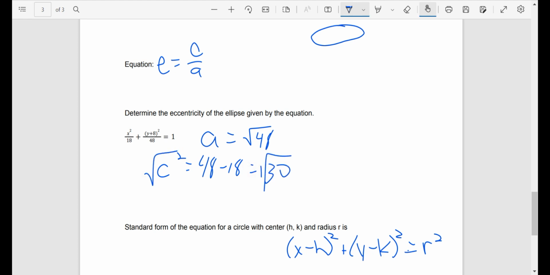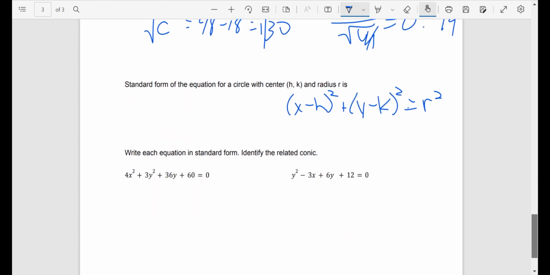So you're going to have the square root of 30 divided by the square root of 48. You put that in, you're going to get 0.79. So that's going to be fairly stretched out, okay? It'll be long ways since, as you can see, the a value is under the y squared, but nonetheless, it is still going to be pretty stretched out, more stretched out than circular.